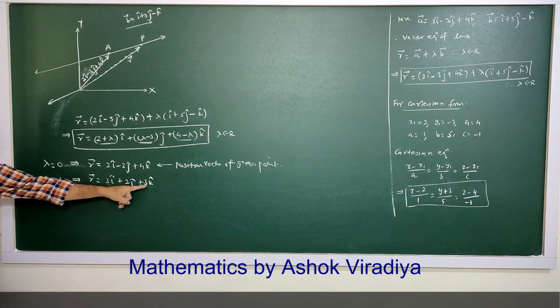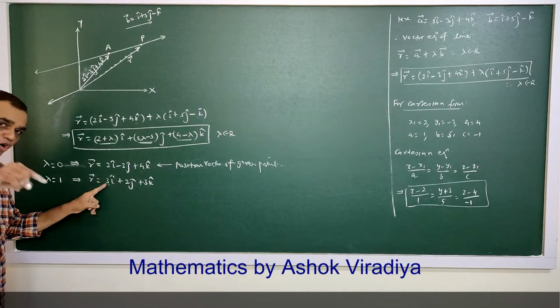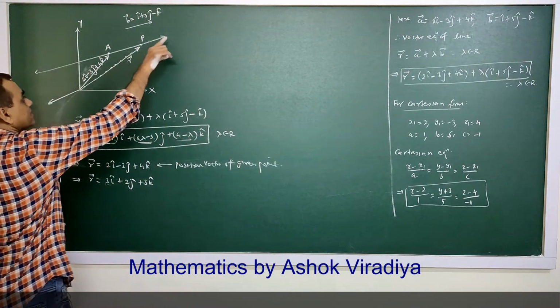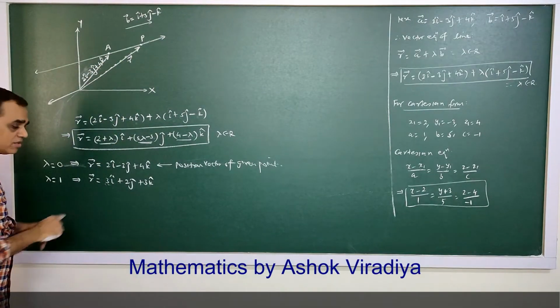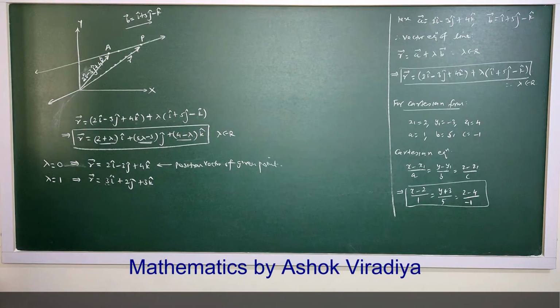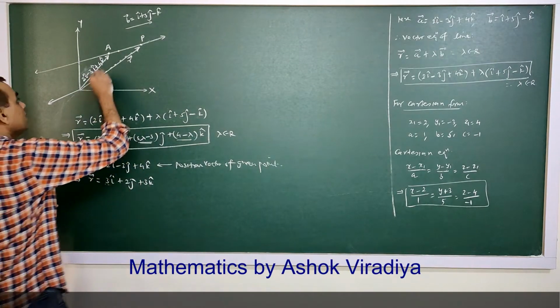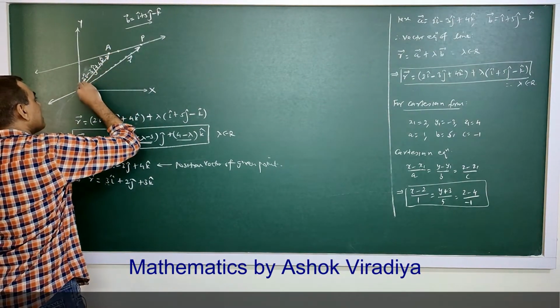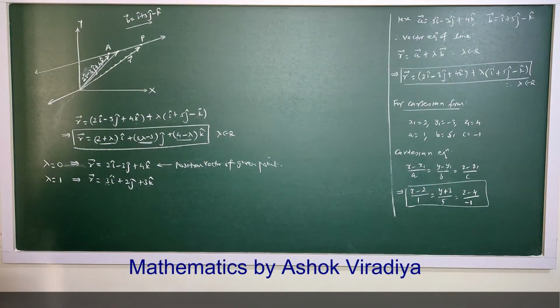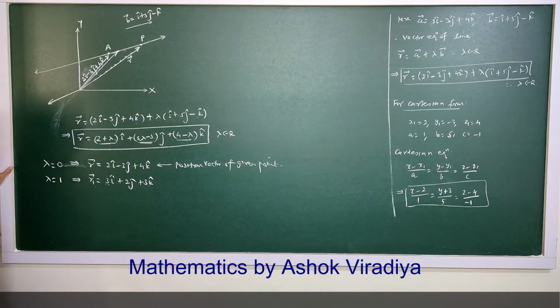So this is the position vector of a point which lies on this line. So this may be the position vector of this point, that means it may be this vector. Let me say vector R1.